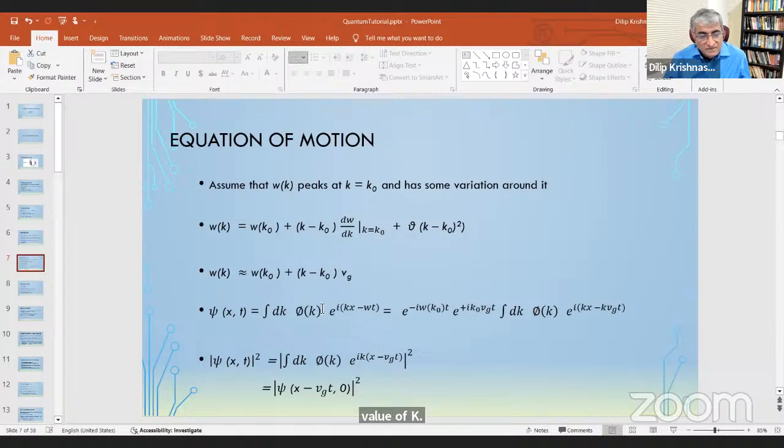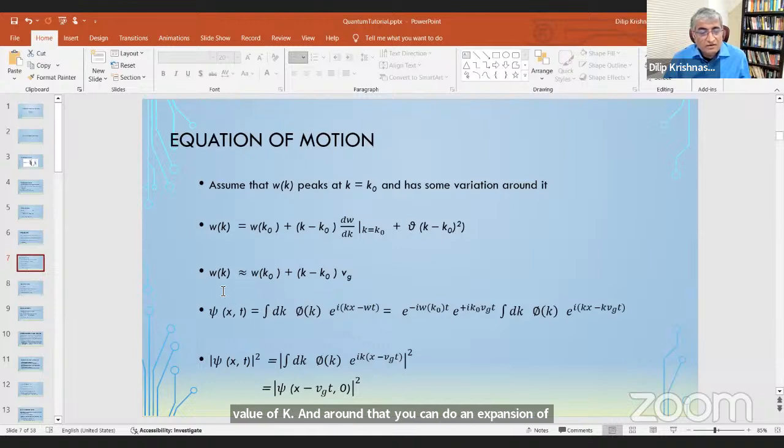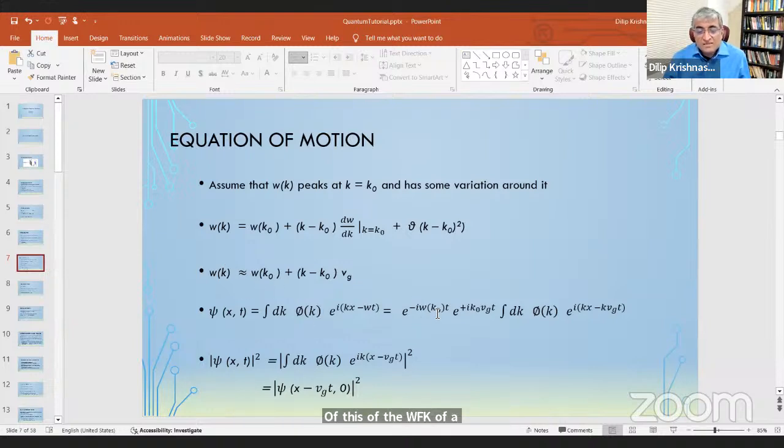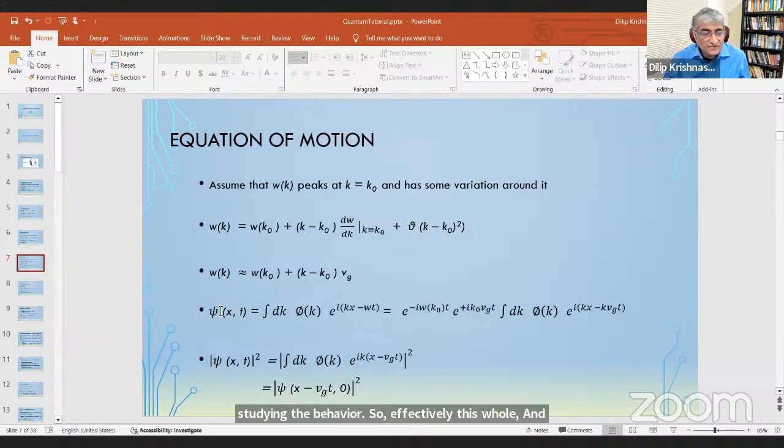Around that, you can do an expansion of the omega of k function and start studying the behavior. That results in the psi, which is called the wave function.